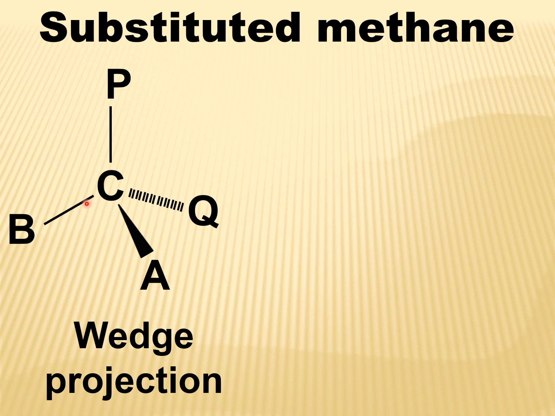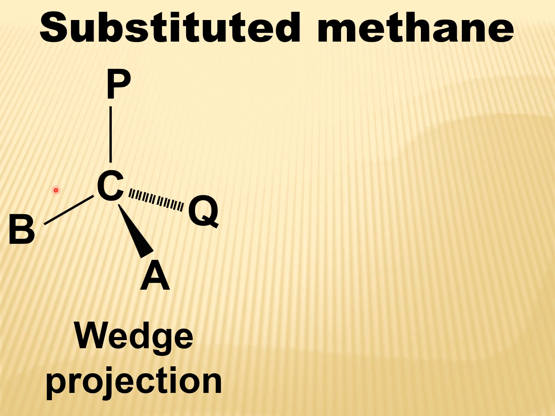Now these straight lines, they represent the groups in the plane of this slide. Okay, in the plane of this slide. And the triangular line, that represents the projection towards us, and this dashed line represents the projection towards the behind, towards the back of this screen.